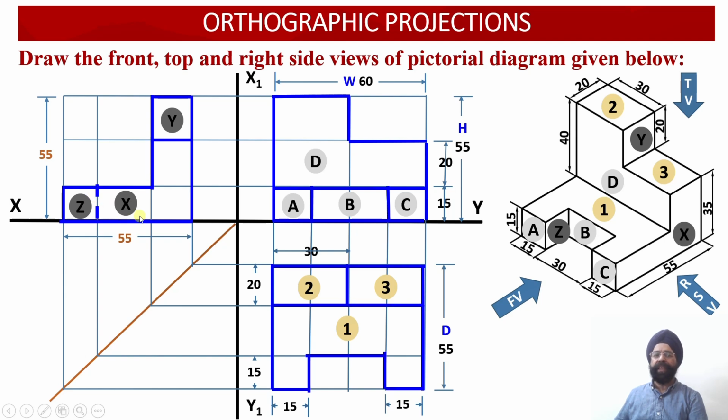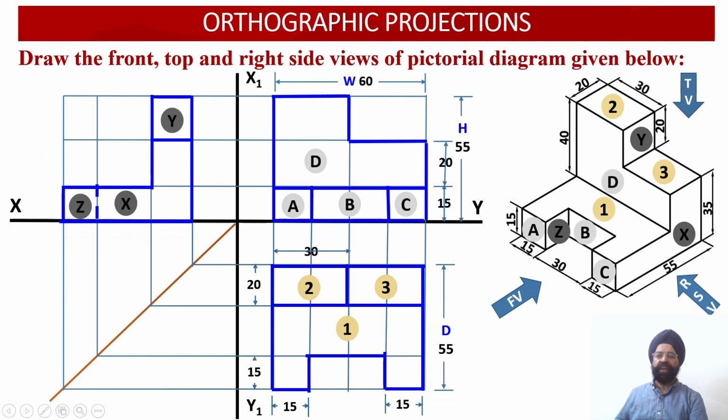This is the complete construction of the right hand side view, which has been obtained on the left hand side. With this, we have completed the construction of the front view, top view and the right hand side view orthographic projections of the solid.